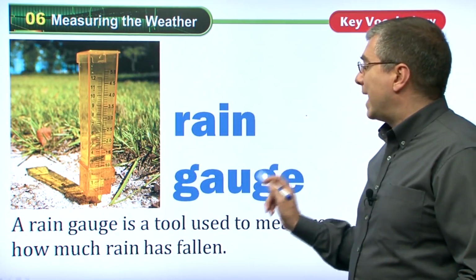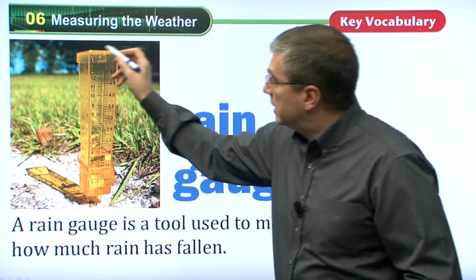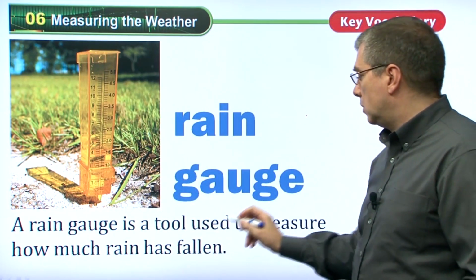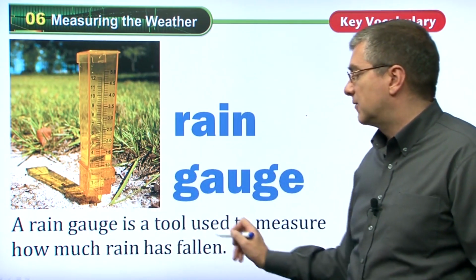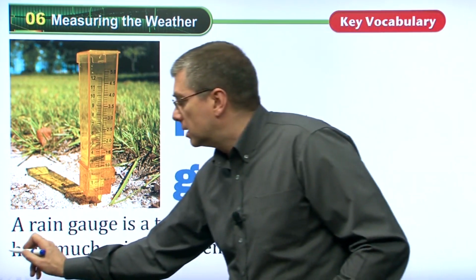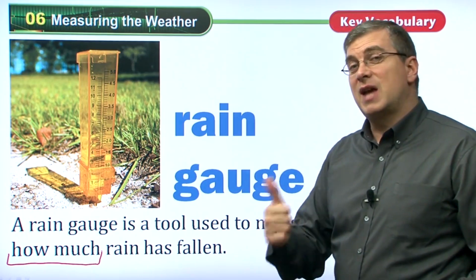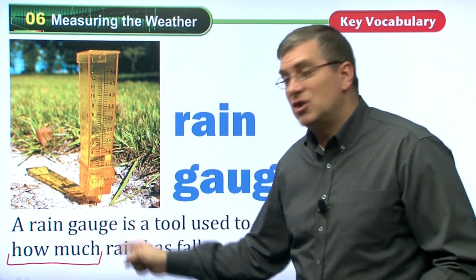Here we have a rain gauge. A rain gauge is another tool. A rain gauge is a tool used to measure how much rain has fallen. How much? Are we talking about size? Are we talking about speed? Are we talking about amount? How much is there?